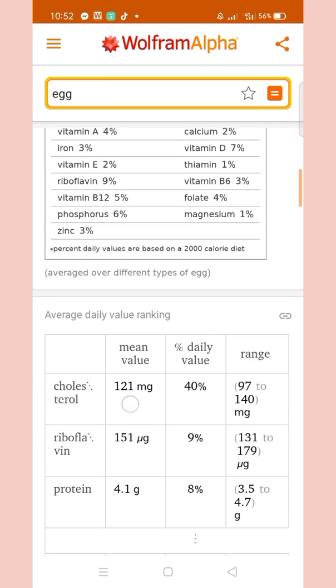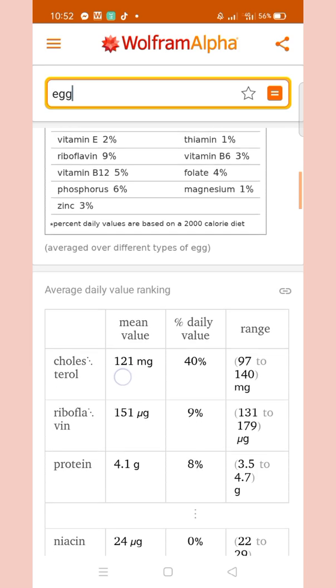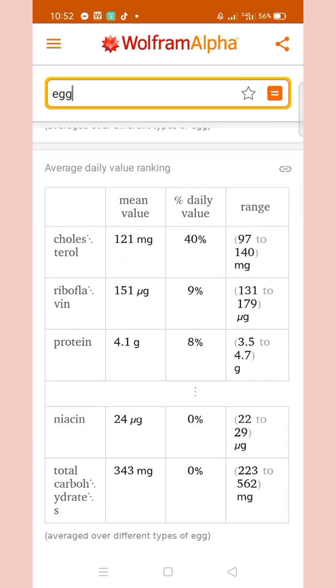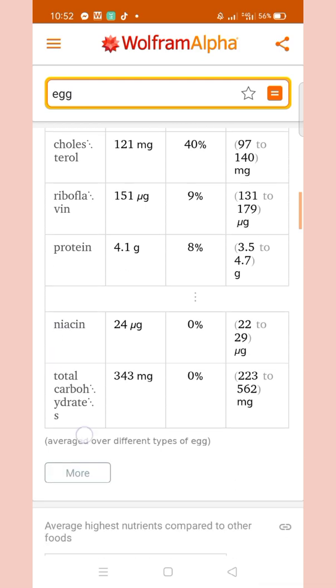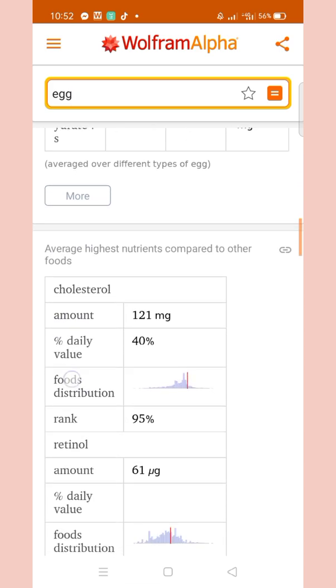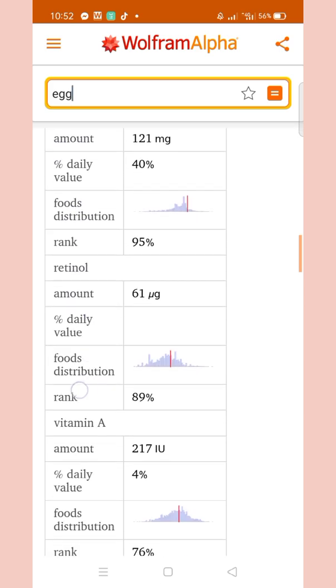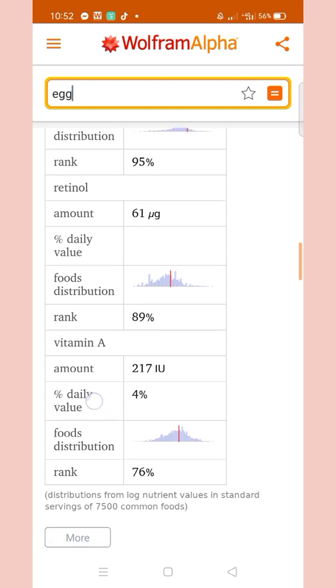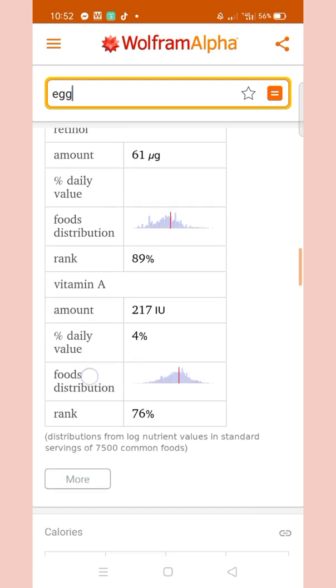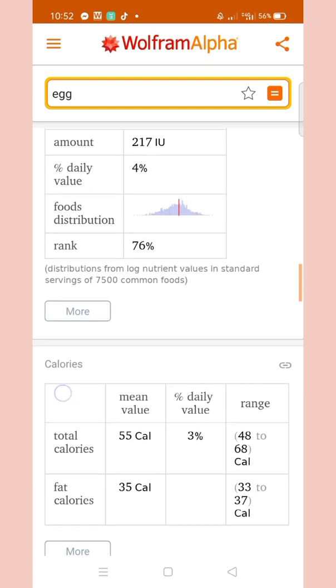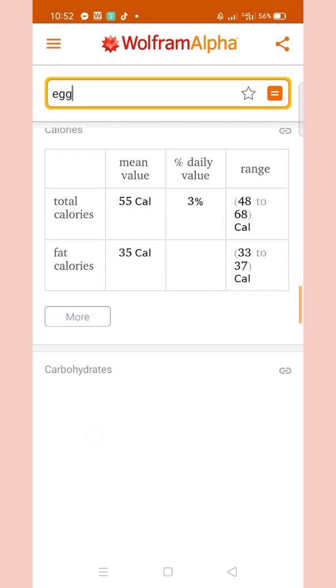cholesterol, riboflavin, protein, niacin, total carbohydrates, average over different types of egg. Average highest nutrients compared to other foods. Distributions from log nutrient varies.